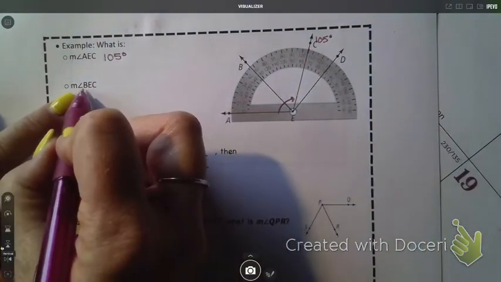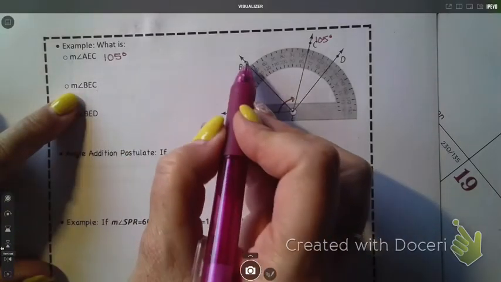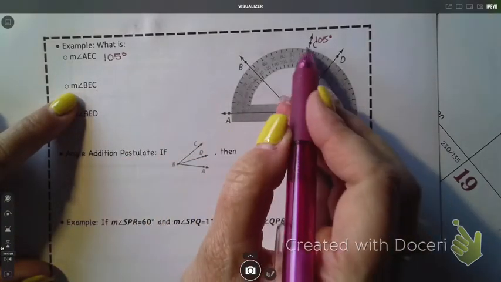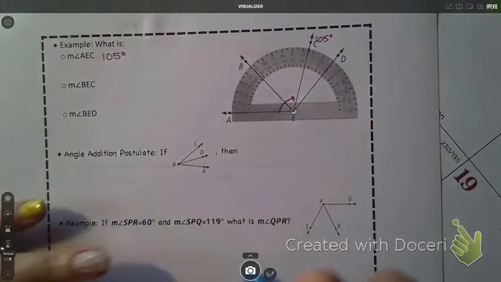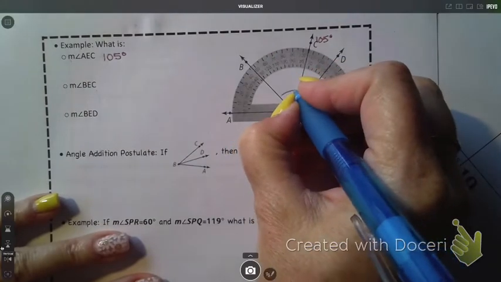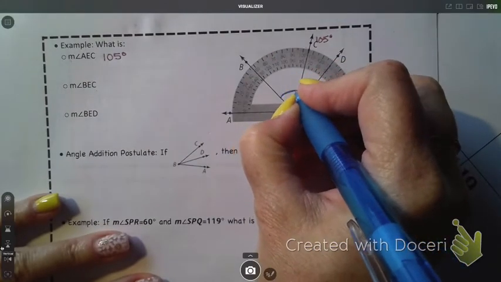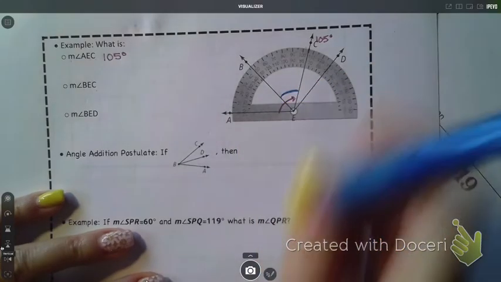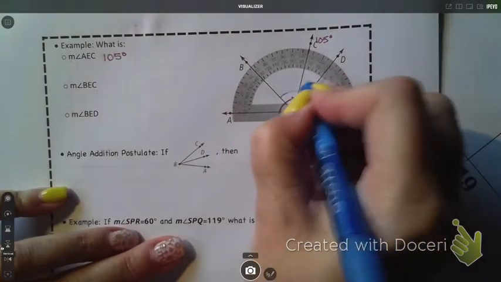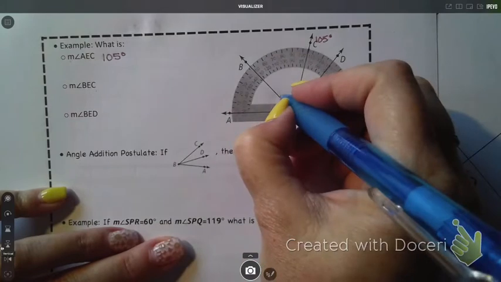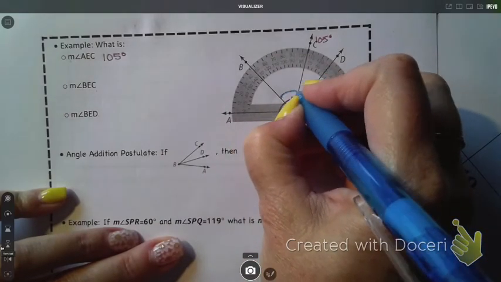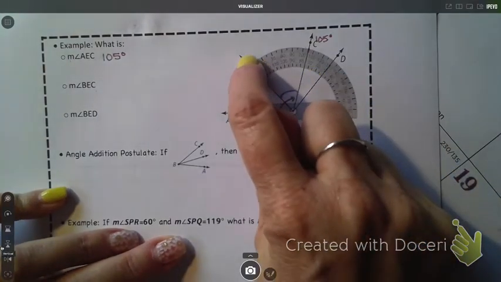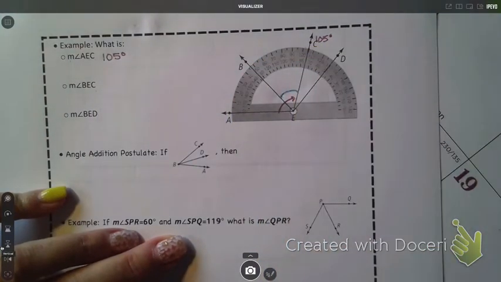Okay, so we need BEC. Wait a second. In here, it's 58 degrees. Sometimes I forget you have erasable pens. That's kind of cool. So, how are we going to find BEC? You take 105 and subtract 45 from it.